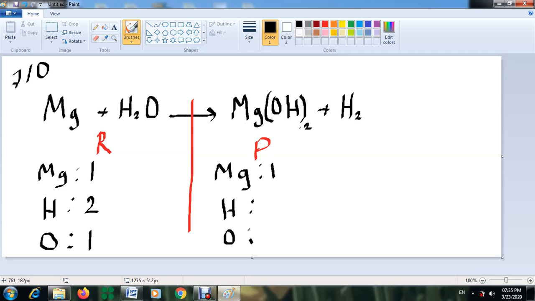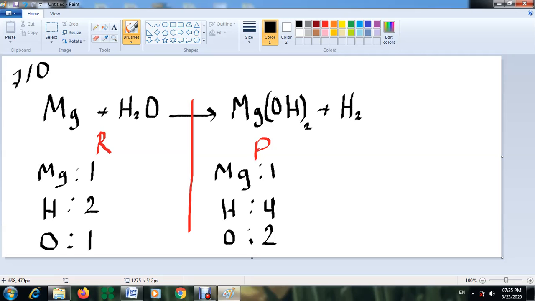For hydrogen we have 2 in the first product, and in the second product, hydrogen gas, we have also 2. So the total number of hydrogen are 4 hydrogen atoms. For oxygen, we have 2 oxygen atoms.